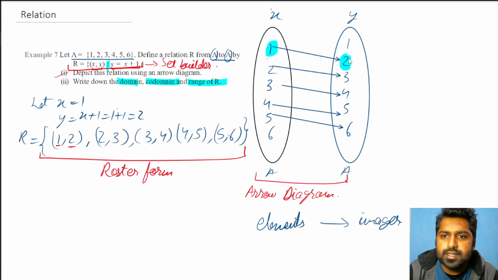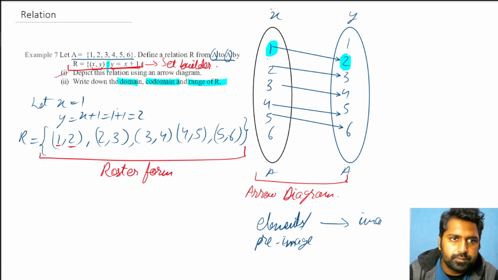I'll say the image of 1 is 2. Or if I say the image is 2, what is the element for it? 1. Sometimes the elements are also called pre-image. So don't get confused with the words. You should know the names, that what is called what.